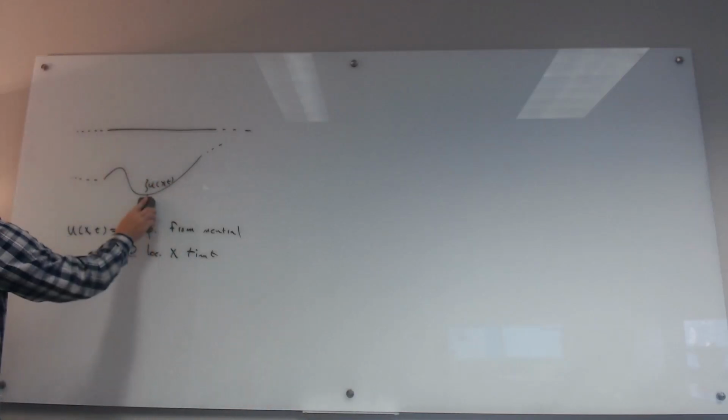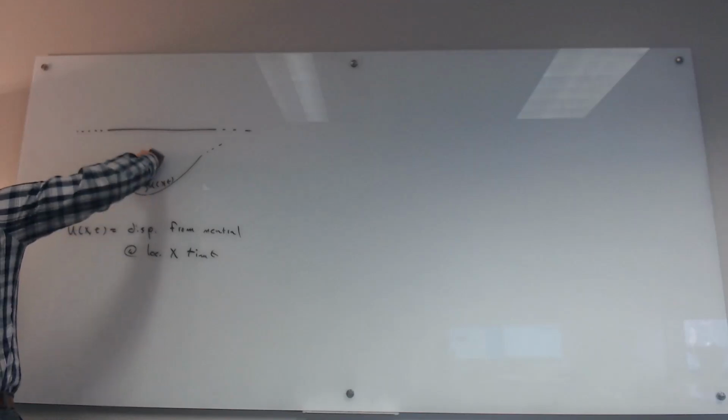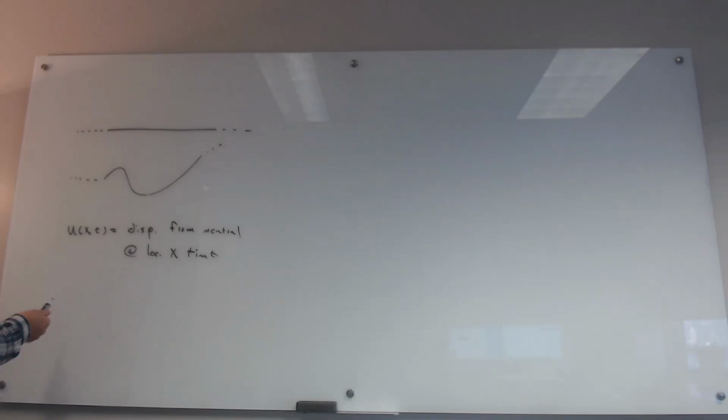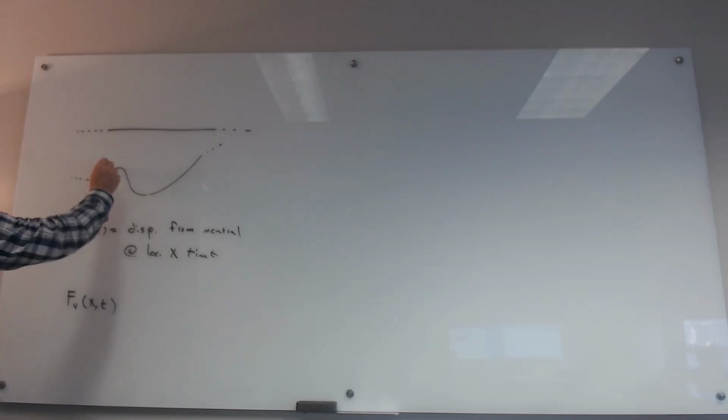Okay, and I'm actually going to need this, so I'm going to erase this part carefully, hopefully. But, f sub v of x, t. Okay, so what is this? Again, let's say I look at a generic position x.